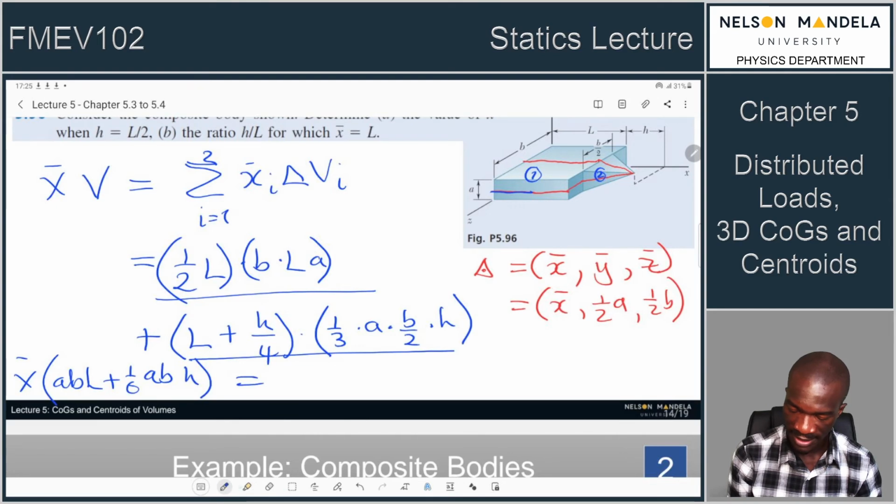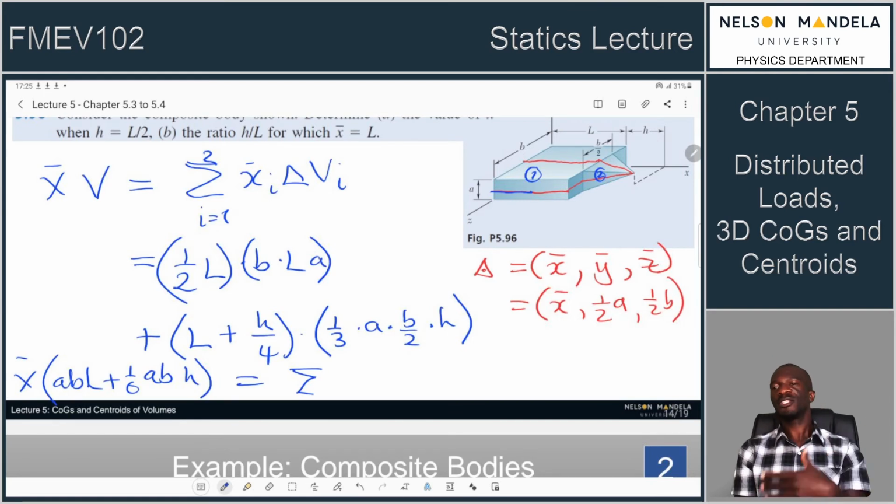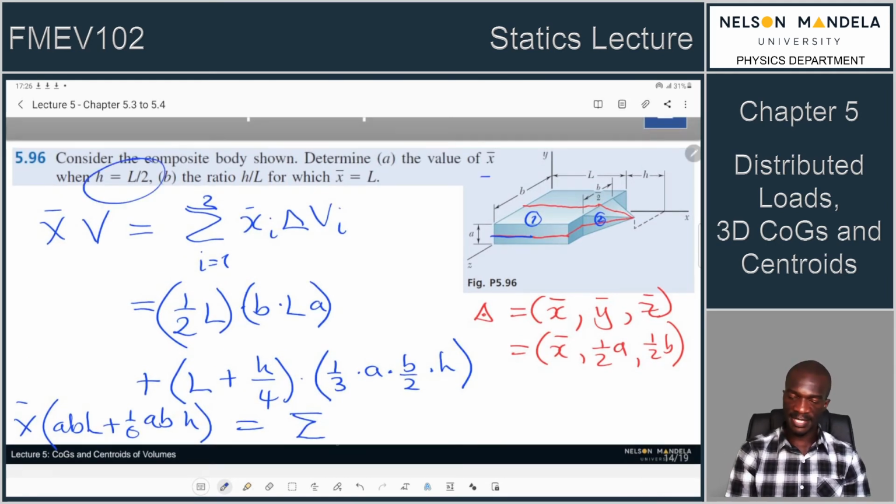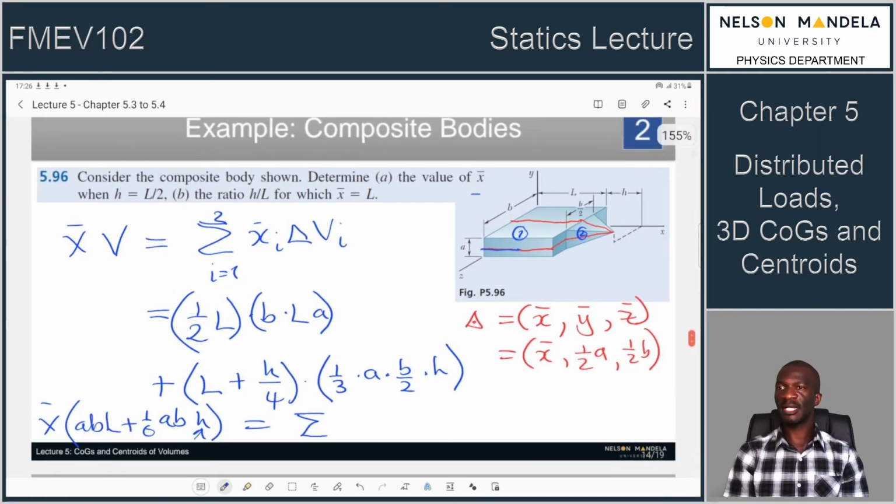Let me just rewrite the summation because I'm sure you already know what is happening there. If you then use the rest of your algebra, all you want, according to this question, is the value of x bar when h is half of L. So if you replace this h on both sides with half of L, you should be able to find the required quantity.